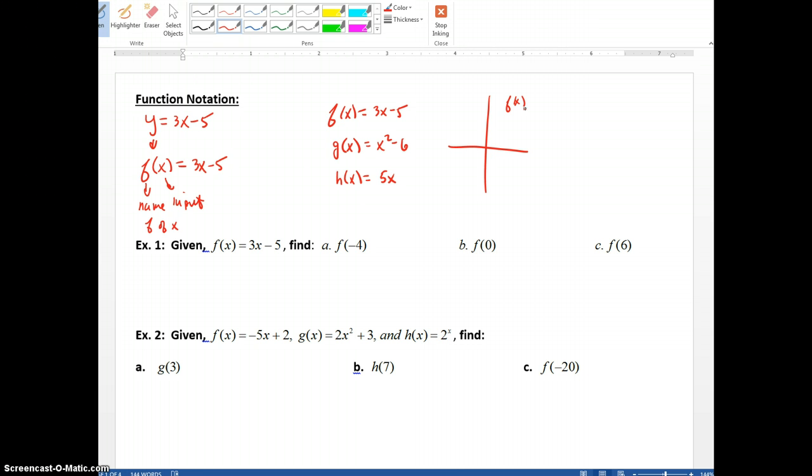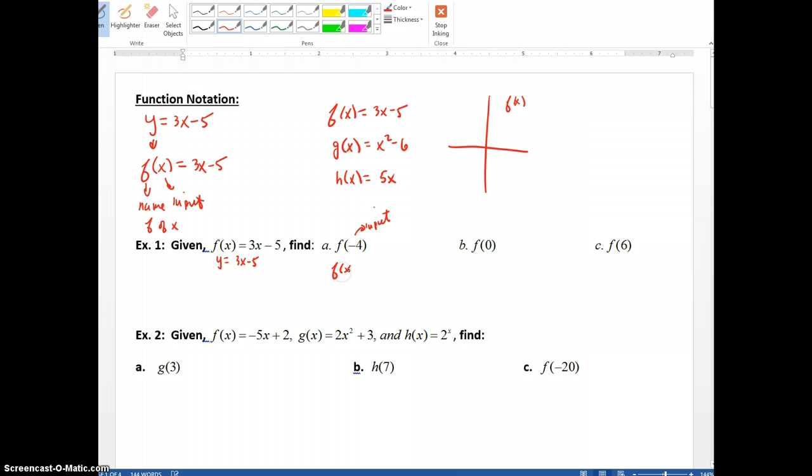Well, if we look at example 1, we're given f of x equals 3x minus 5. They want us to evaluate f of negative 4. Remember, f of x is just another way of writing y. So this is just like y equals 3x minus 5. But what we're given here is the input value.